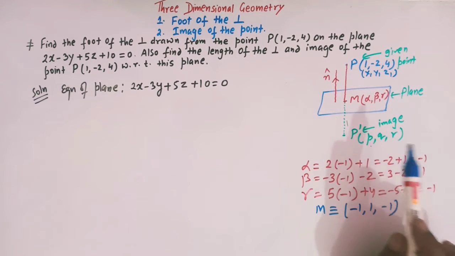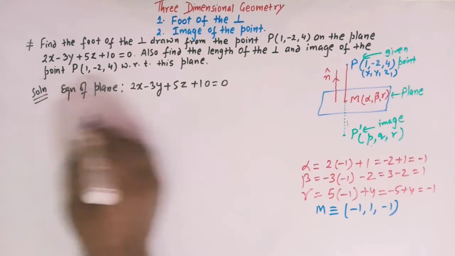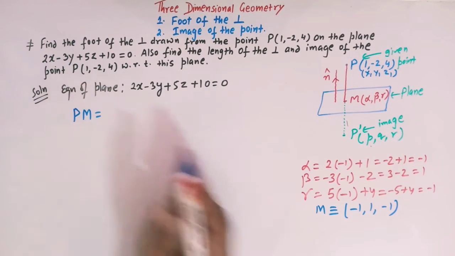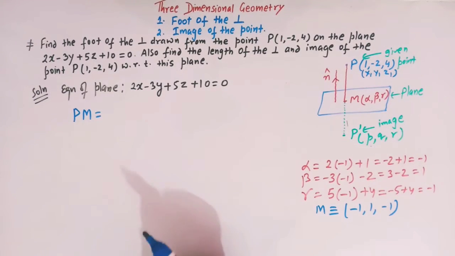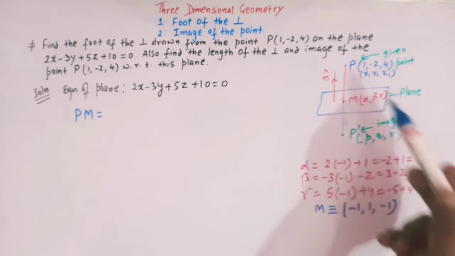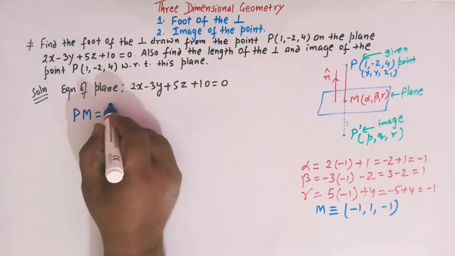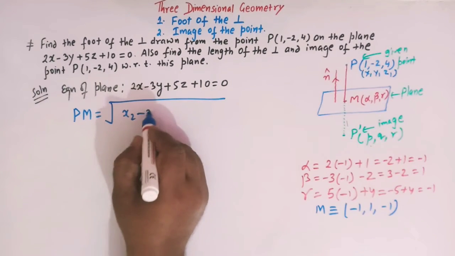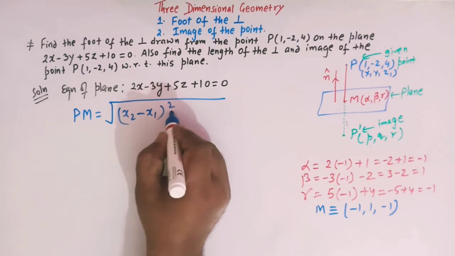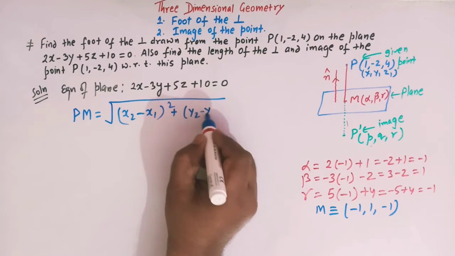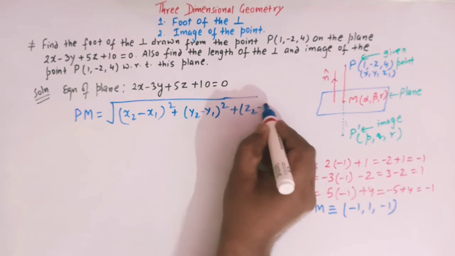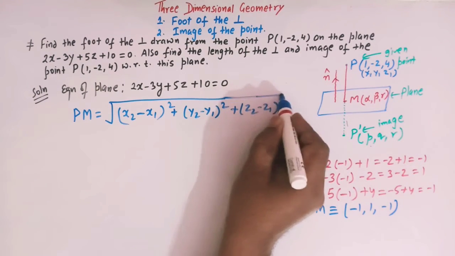So now we wish to find out the distance PM, and PM is the length of the perpendicular. So PM is calculated by using the distance formula, and the distance formula is square root of x2 minus x1 square plus y2 minus y1 square plus z2 minus z1 square, right?